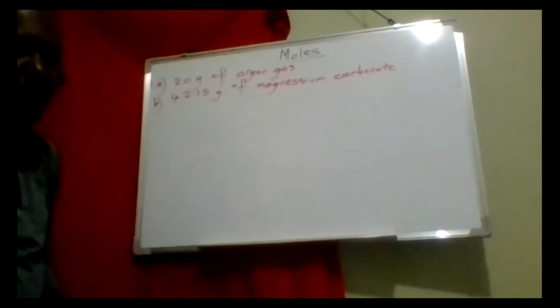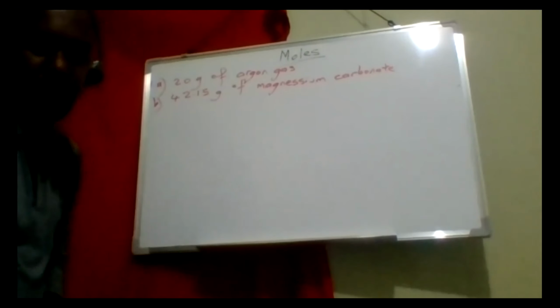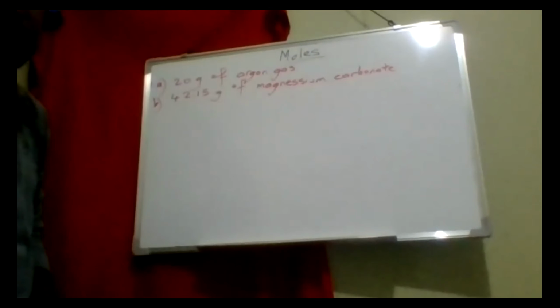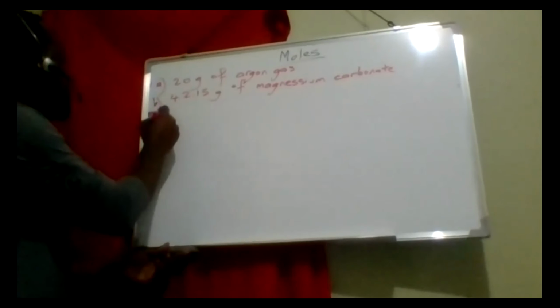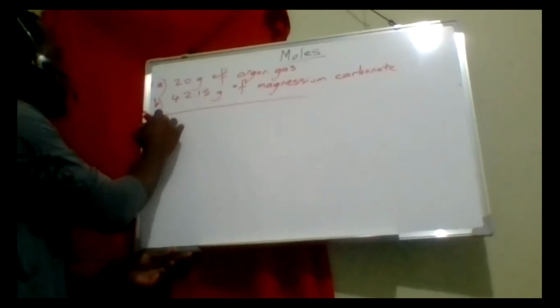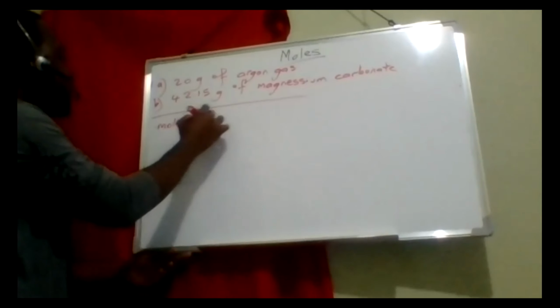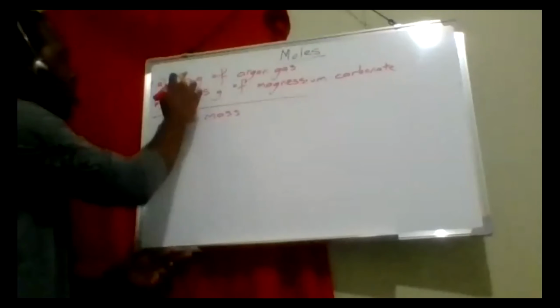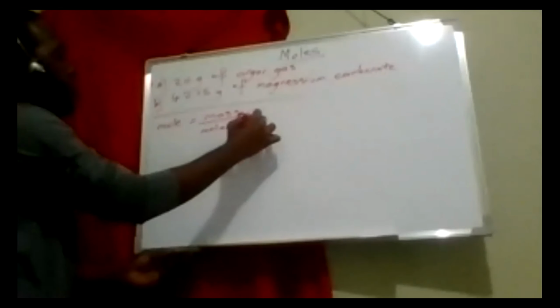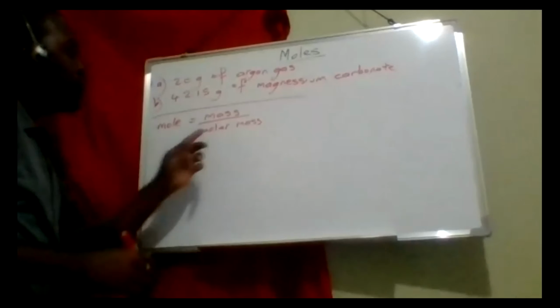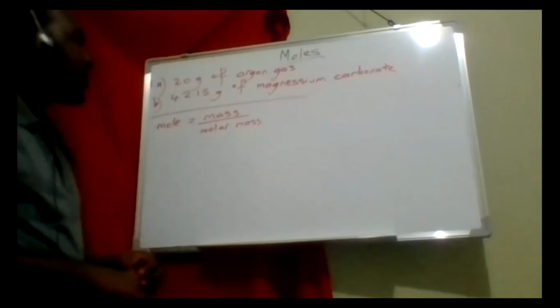So what's the first thing we do? Let's start with part A. We're going to divide the mass by its molar mass. So first we write the equation. Mole is equal to mass, because we're given a mass, over the molar mass. Now we need to know what the molar mass is.